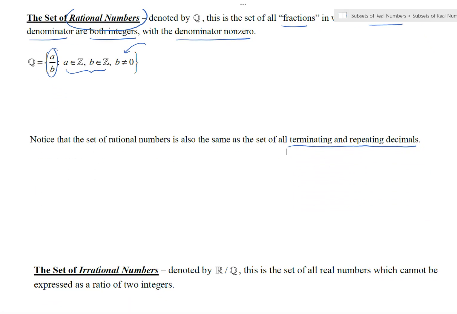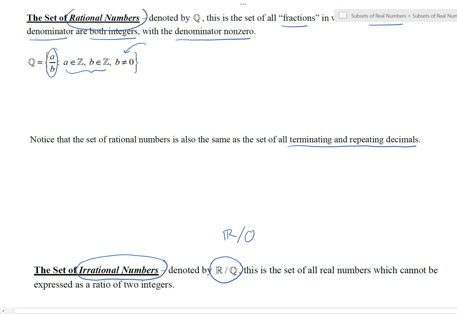What if you're not rational? You must be irrational. So there are other numbers called irrational numbers, and we denote them by this symbol here. It'll make a little more sense when we talk about the set of real numbers in a moment. So that is this capital fancy looking R, and then a fraction looking symbol, and then the set of rationals. What that says is this is all the real numbers, as we're going to say, which cannot be expressed as a ratio of two integers.